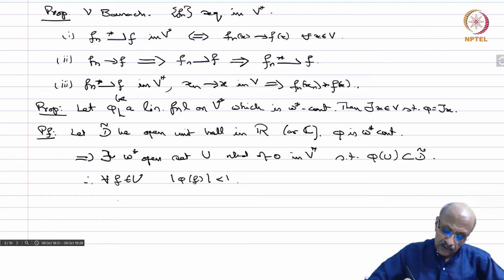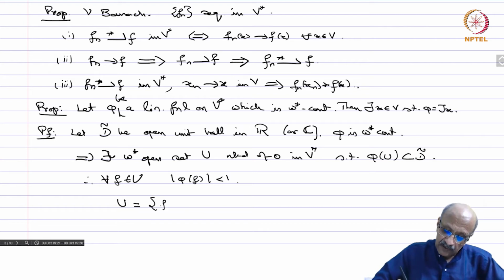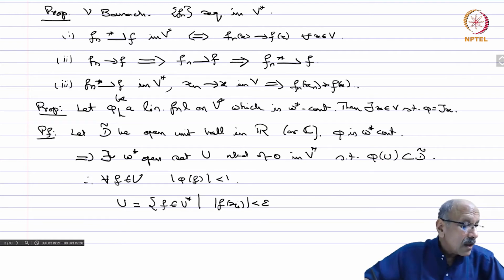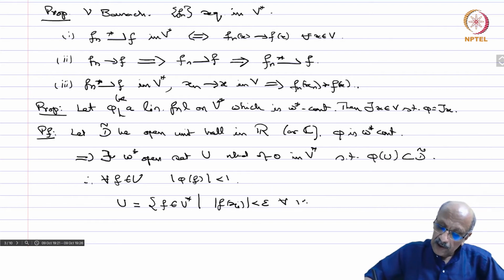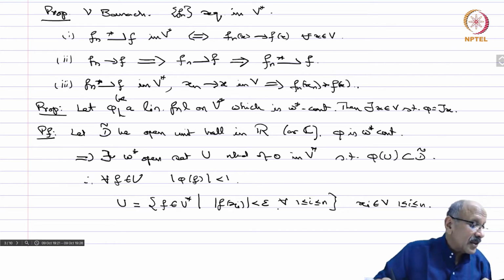Okay. Now what is U going to look like? It's a neighborhood of the origin. So this is nothing but every f in V star such that mod f of xi is less than epsilon for all 1 less than or equal to i less than or equal to n, where xi is in V. So it's some finite collection of points you have taken, and this is a neighborhood.